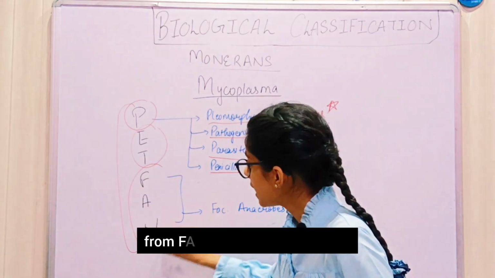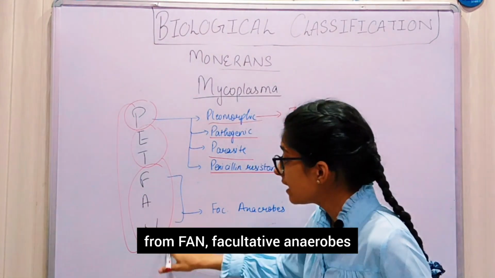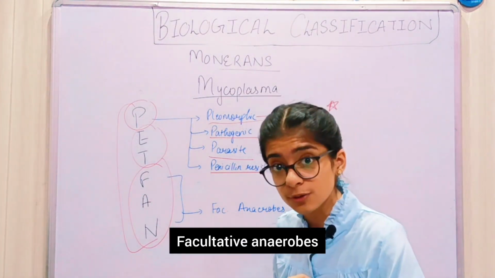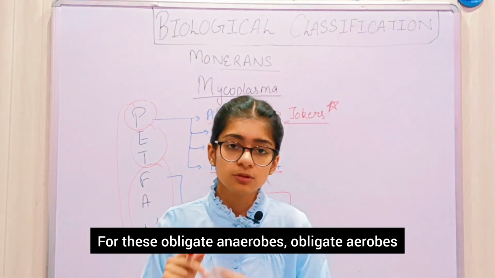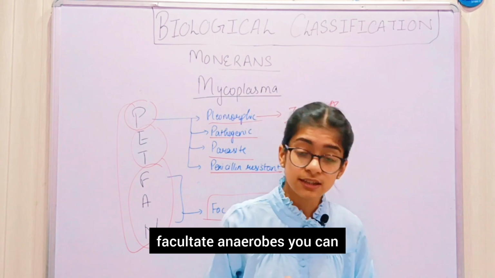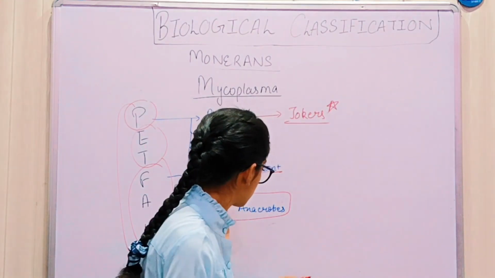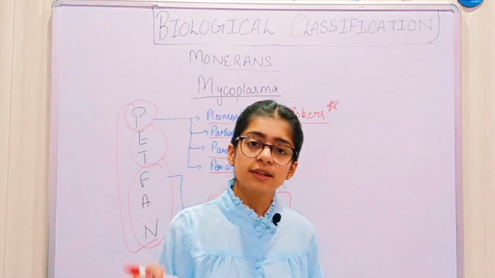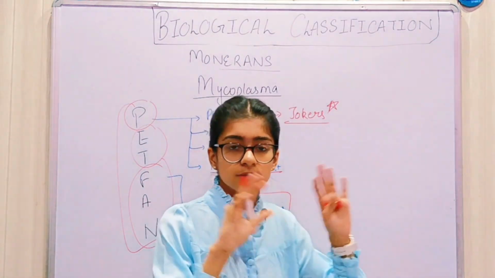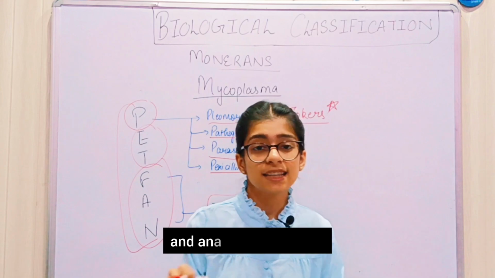Now, from FAN, facultative anaerobes. For these obligate aerobes, facultative anaerobes, you can log on to my channel and I will post a separate video describing in detail all these classifications of aerobic and anaerobic bacteria.